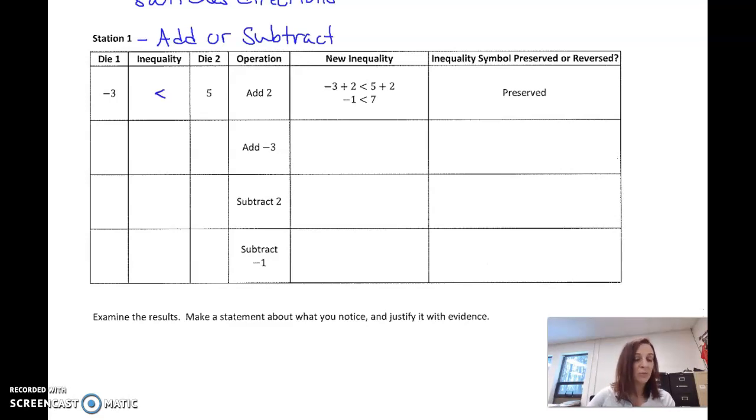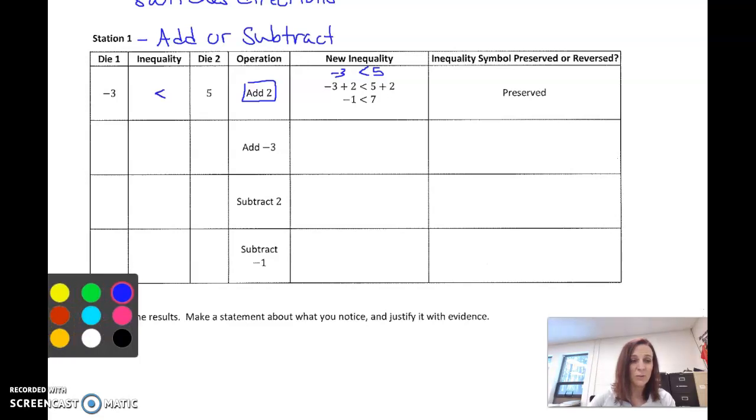So the operation we're going to do is add 2. Now remember, in an equation, if we added 2 to one side, we have to do it to the other. The same thing is true for an inequality, because remember, if it's true to begin with, then whatever you do to one side, you have to do to the other. So here's my -3 and my 5. We had -3 is less than 5.